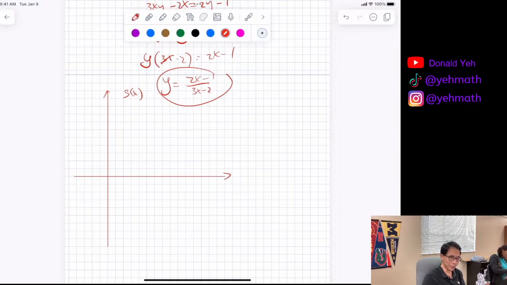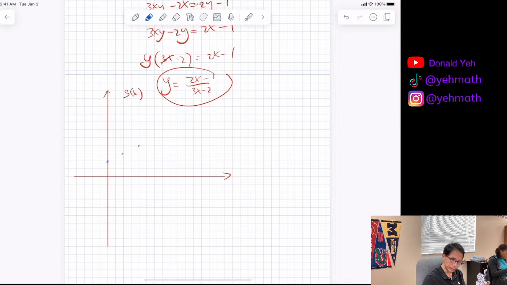So if I have a function like this, right? Okay, if I have this one, my question is, when is g of x equal to 3?